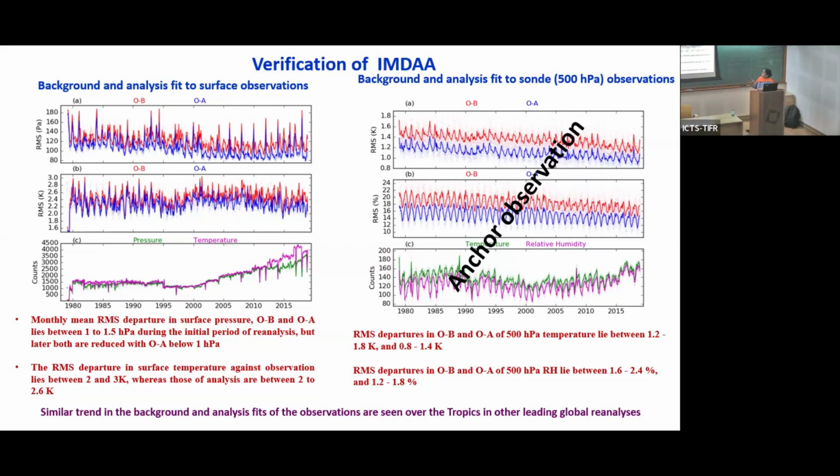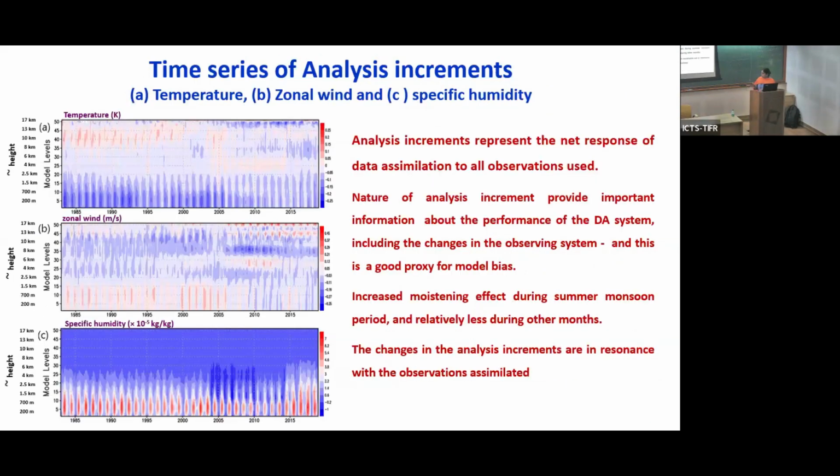The biases in the innovations, background and analysis, with respect to the radiosonde observations are drastically reduced with respect to time. A similar trend in the background and analysis fit of other observations can be seen if you check the ERA5 paper, with a similar type of decrease. Whether it is global or regional, in all the reanalysis systems, the changes are almost similar.